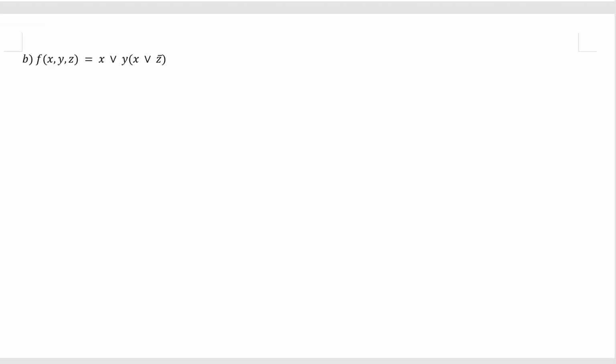Okay, so when we have x, y, z, we'll have more variables. There's actually a quicker way to help us solve the problem using algebra, because we're more familiar with plus and multiplication, right?